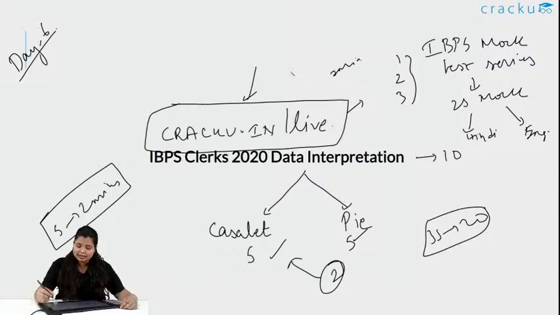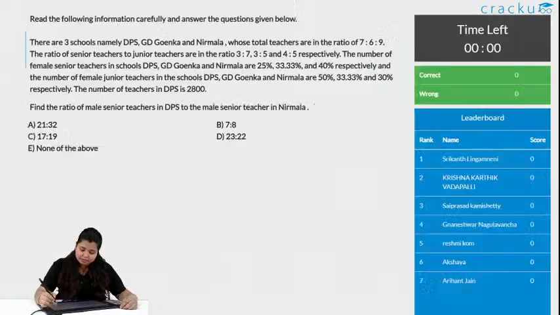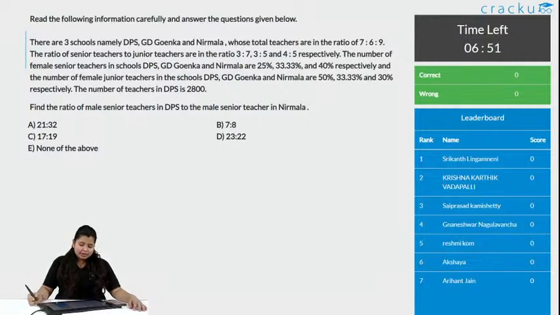Okay, the first set I am posting it now. This is a caselet DI. Read the given information, take the data, extract it.